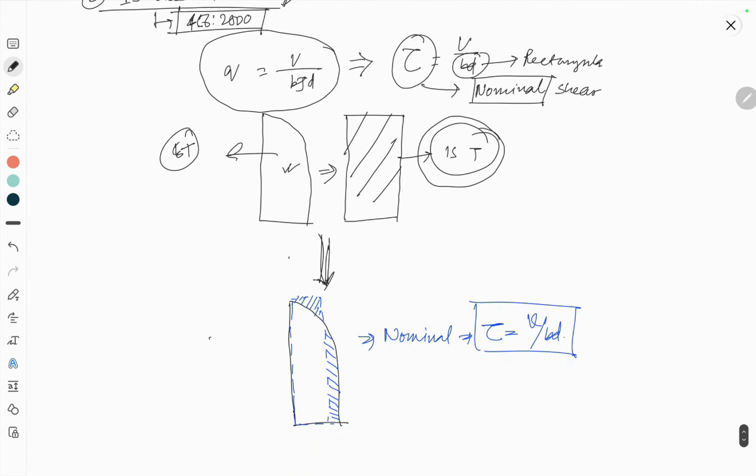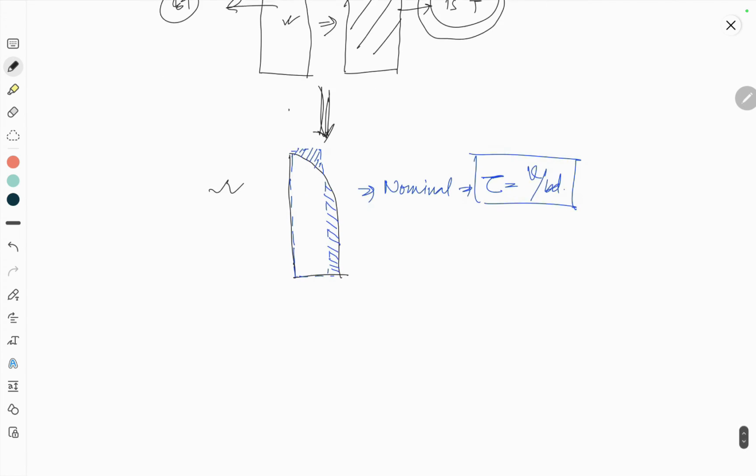So here is the main diagram. One more thing, this is your final shear stress distribution diagram. ठीक है?